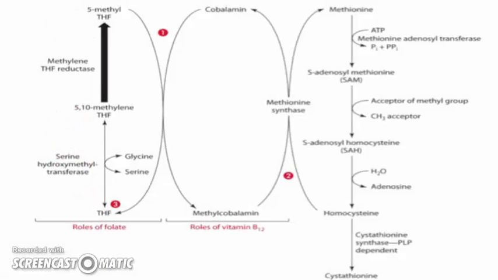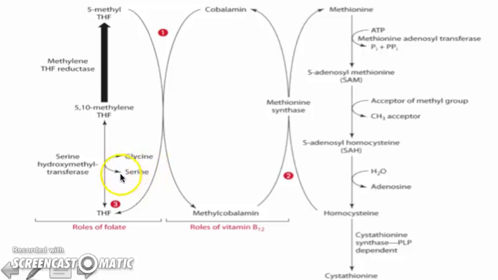So the next step of this reaction is going to involve the conversion of tetrahydrofolate to 5-methyl tetrahydrofolate, because for this process to continue, we need to resupply this 5-methyl tetrahydrofolate so that the process can start over again. So this third step is going to involve the conversion of tetrahydrofolate to 5,10 methylene tetrahydrofolate. For that to occur, tetrahydrofolate will need to interact with serine, which we talked about previously has a methyl group attached.